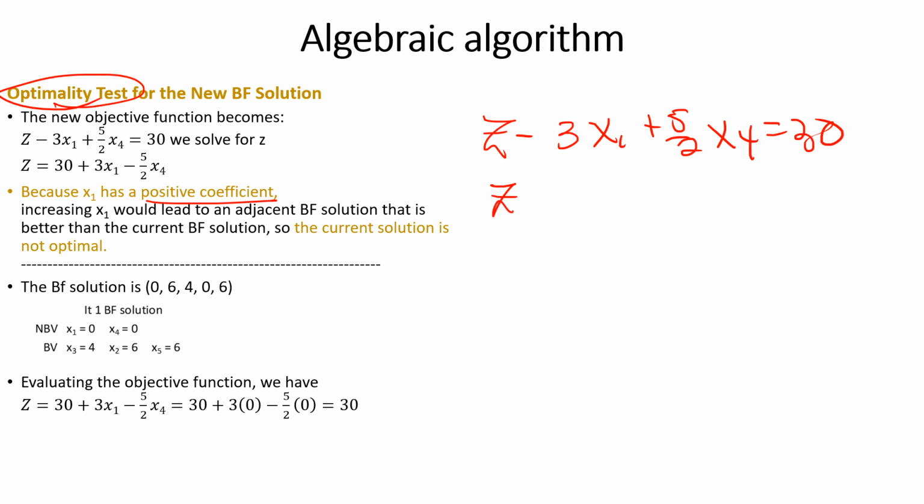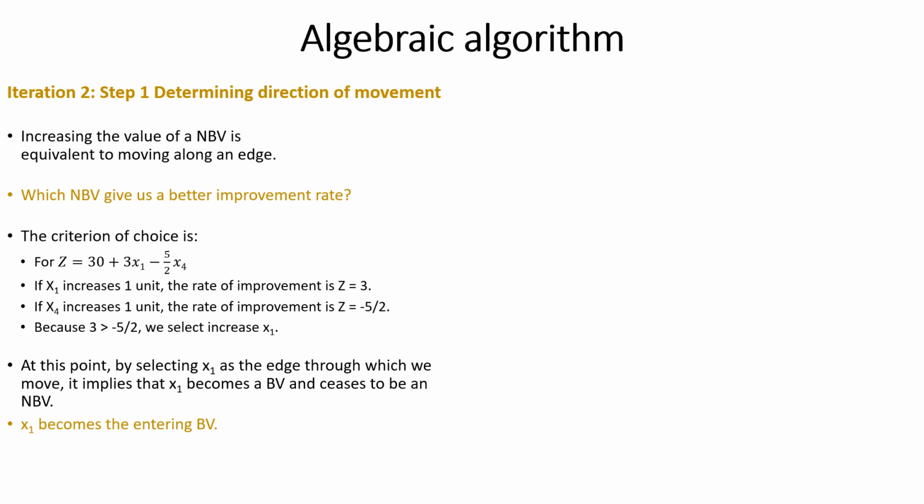So we put z on the other side of the equal sign, and this is going to be 30 plus 3x1 minus 5 halves of x4, and we do still have one positive sign. So we got to do another loop. We're still not yet at our optimal value. So let's go to iteration number 2, step 1.